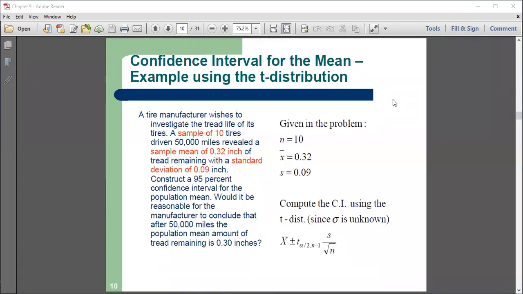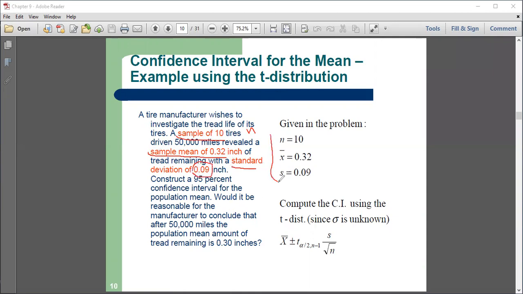Moving on. So here we have the confidence interval example using T distribution. So let's see what information is given for the T distribution. The sample of 10, this is n, and the sample mean is given, which is 0.32 inches, and the standard deviation is 0.09.